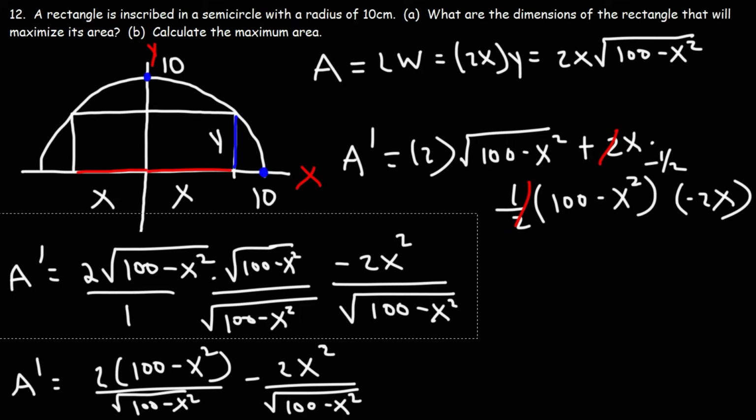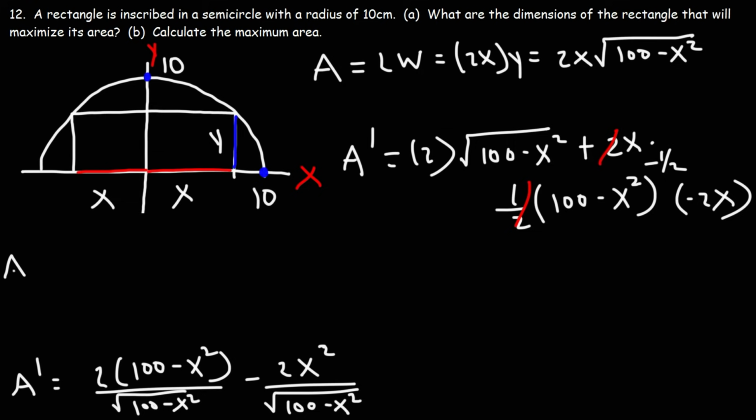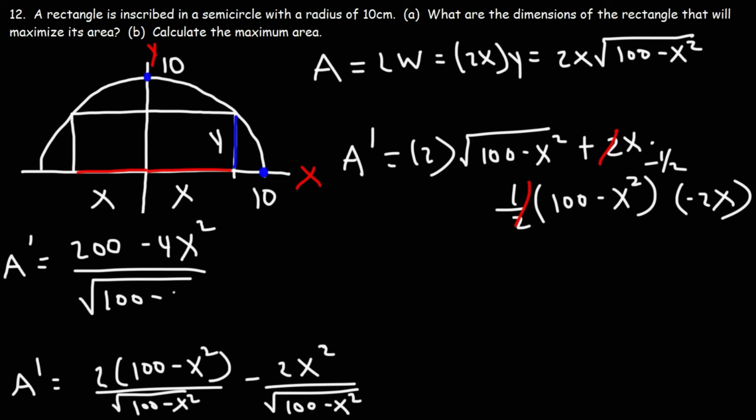So we can say that a prime, this is 2 times 100, which is 200. Here we have negative 2x squared plus another negative 2x squared. So that's going to be negative 4x squared all over the square root of 100 minus x squared.